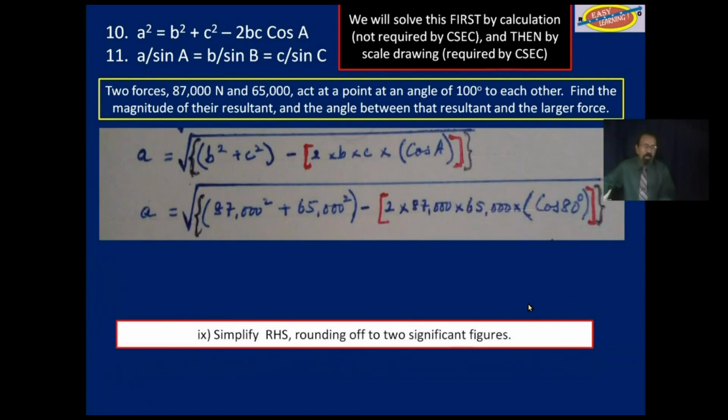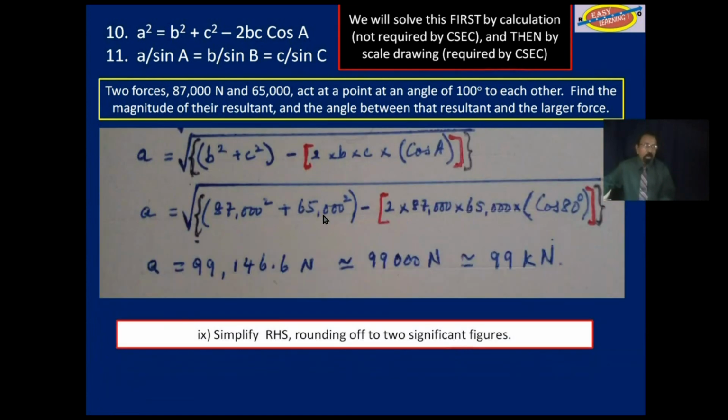You simplify this right-hand side and you get 99,146.6 newtons. If we round that off to two significant figures, because that's all we have, we get 99,000 newtons, and you can easily make that 99 kilonewtons, since kilo means 1,000.